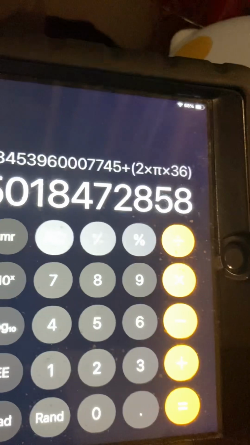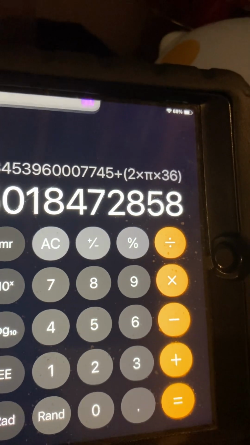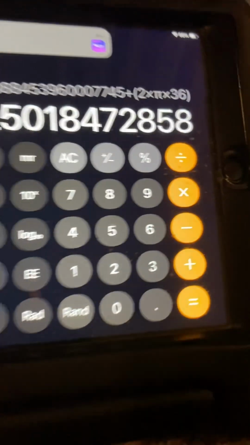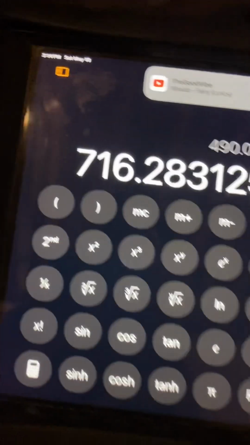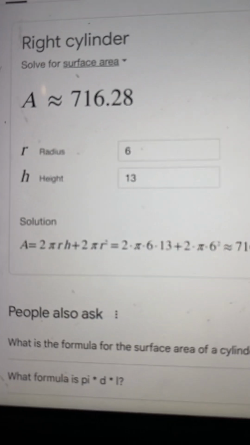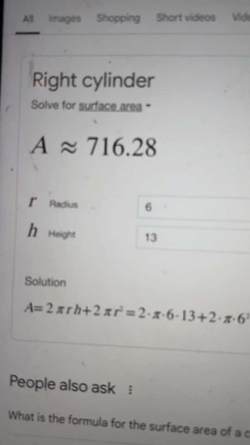Putting parentheses in a very hard equation could help you find the right answer. And the right answer, as we calculated, is 716.28. And if we look here, it shows the exact same answer, 716.28, thanks to our little math that we did.